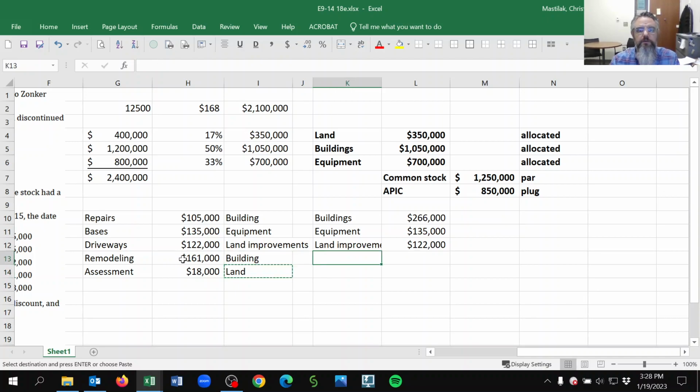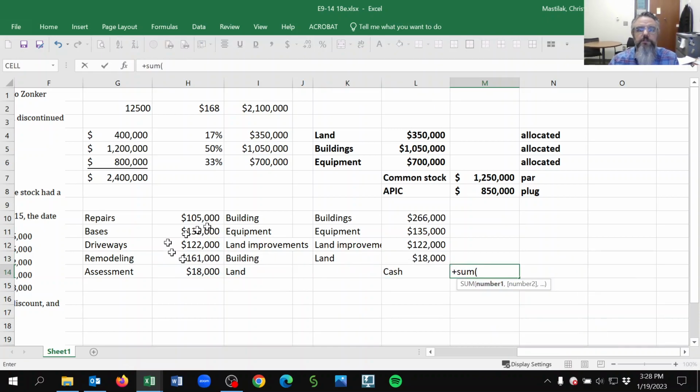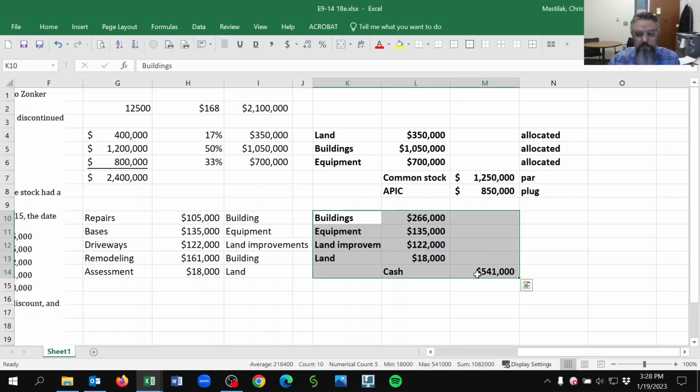And land is going to be the 18, and our credit is going to be to cash because we're told all these things were paid for in cash. And so this is going to be our journal entry for part 2.